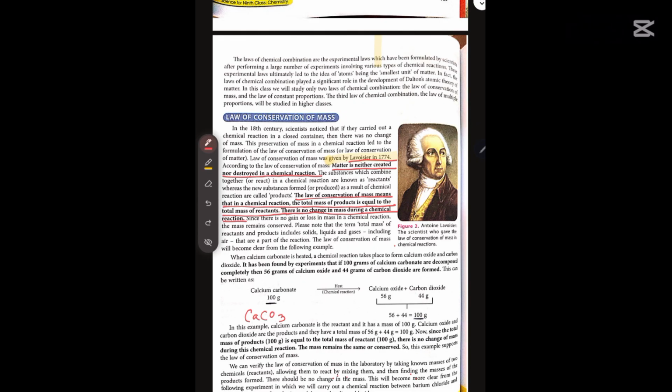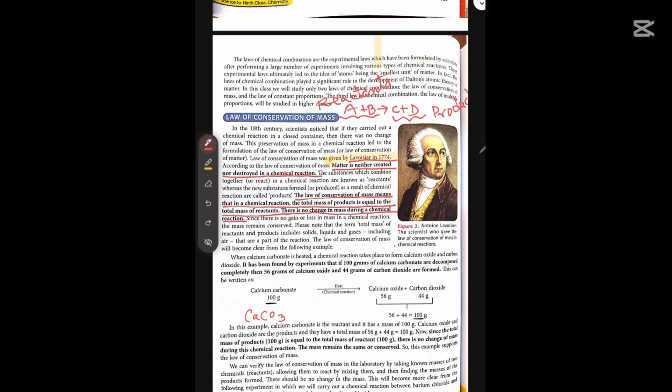So if a reaction is represented like this, A plus B forming C plus D, where A and B are known as reactants. That means they are reacting. And C plus D are known as products.